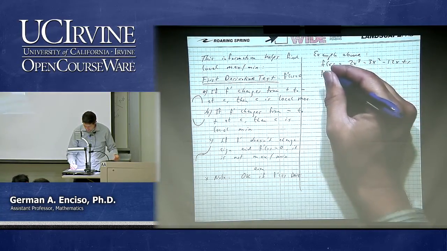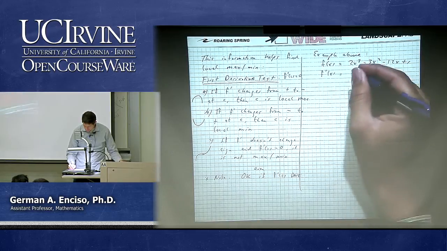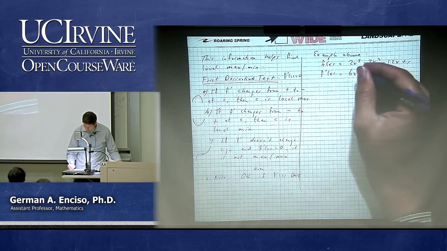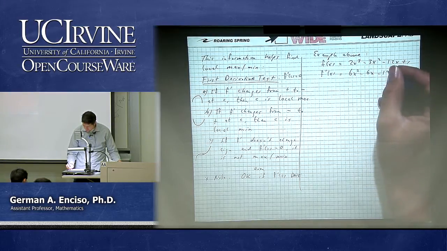F prime of x is 6x squared minus 6x minus 12.